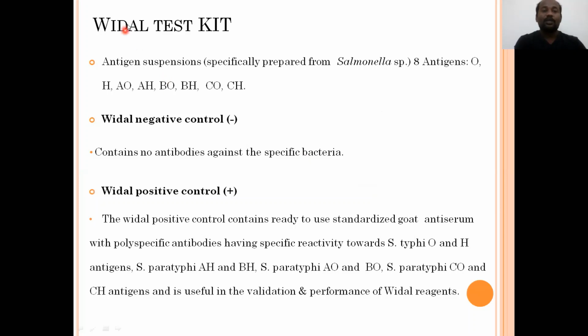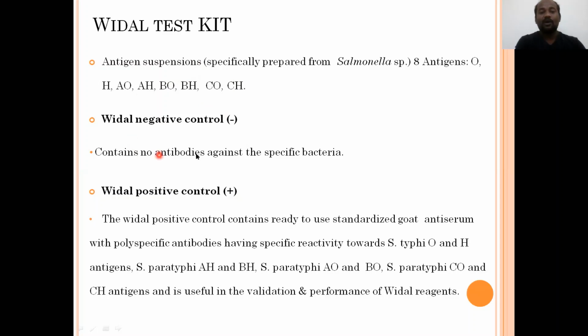So what are the components of the Widal test kit? The kit consists of antigen suspensions of Salmonella species. In total, 8 antigens are present in the kit, including Salmonella typhi O and H antigen and Salmonella paratyphi A, B, C strains having O and H antigen. Moreover, it has a negative control and a positive control.